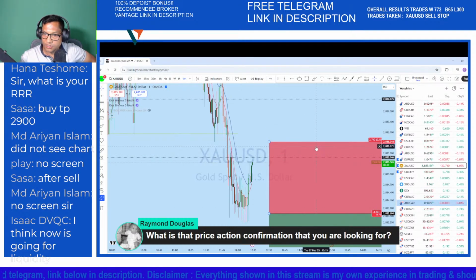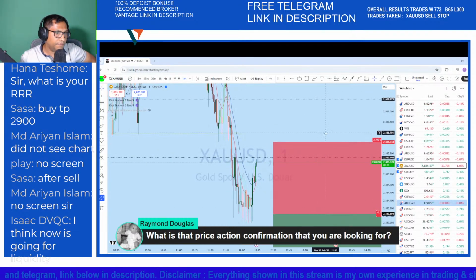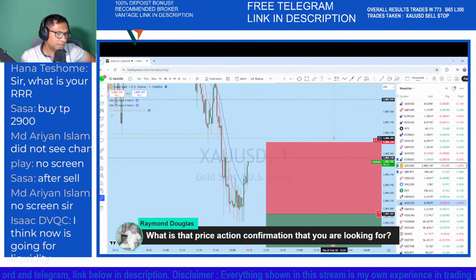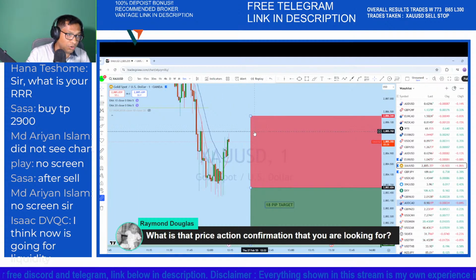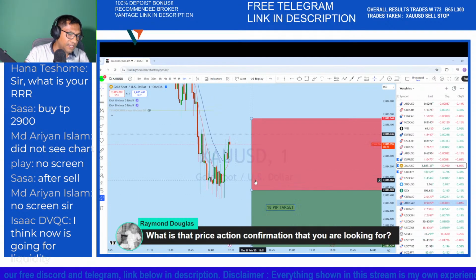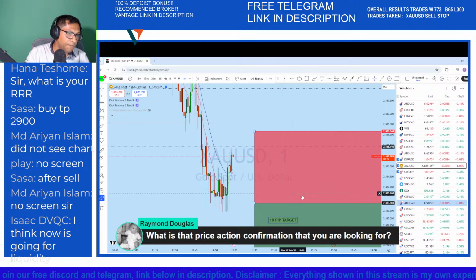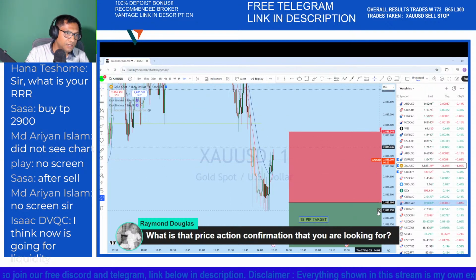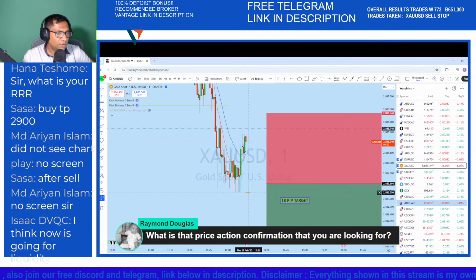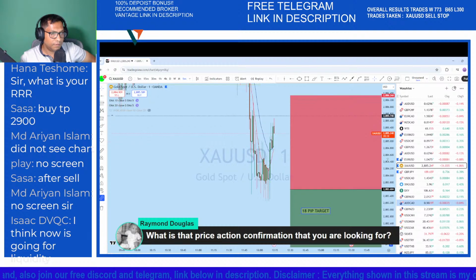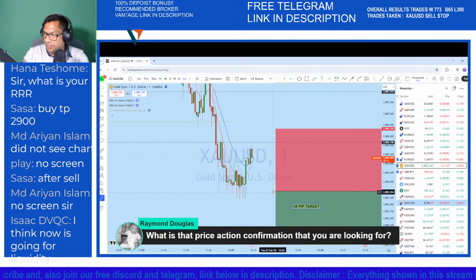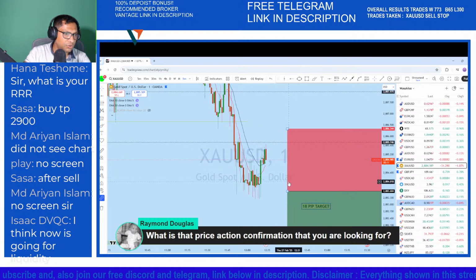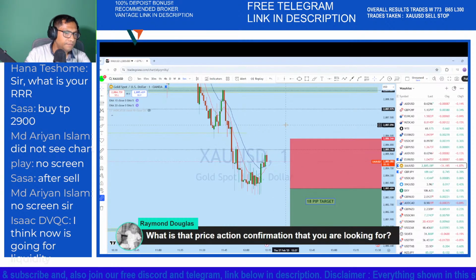Okay, so we see that this bounce was an unexpected bounce, but it looks to me like a strong liquidity grab, and we might see that it's again moving back in the major direction to the support level. Okay, so here we can see the market is trending, which is good to see.